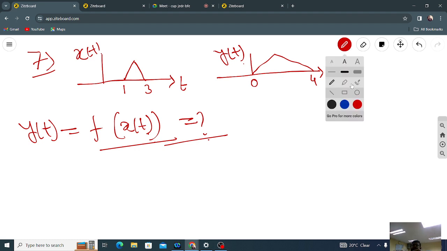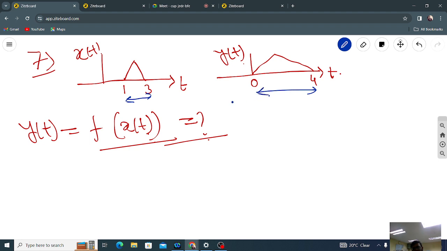So to solve this question, first just see that the duration of these two signals is multiplied by 2 times, right?